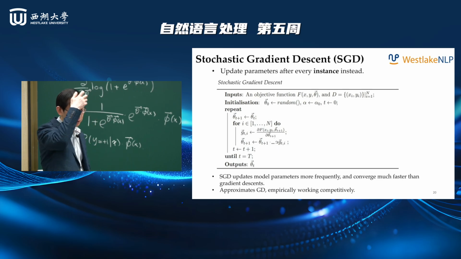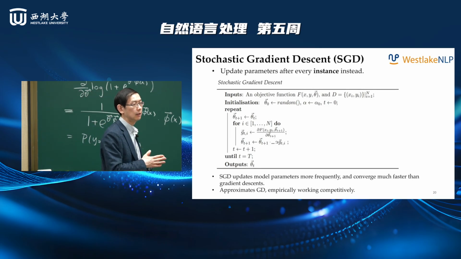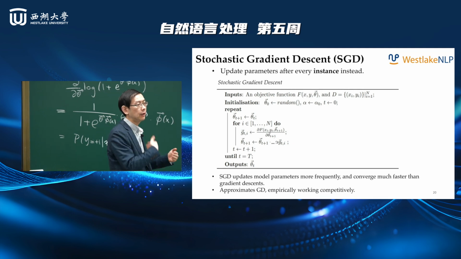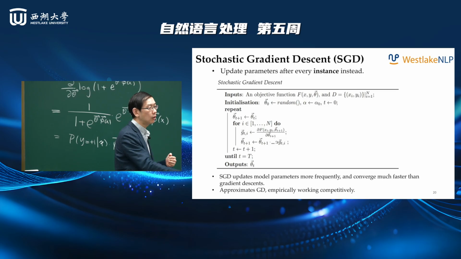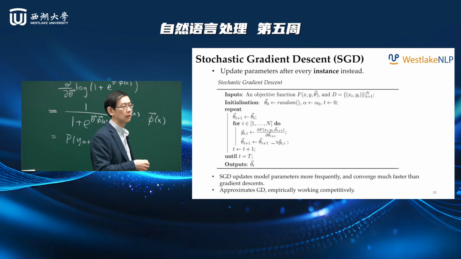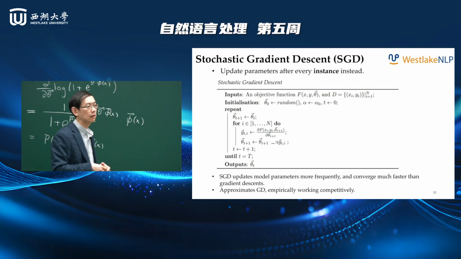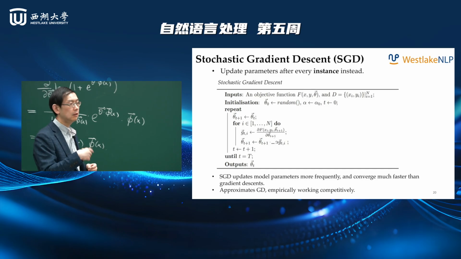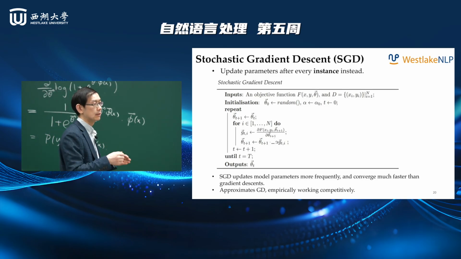So for every training instance, we know its probability, right? When all the log probabilities add together, it's the data likelihood. But for every instance, we have a local log probability according to the model, that's sigmoid theta dot phi. So we can take the local gradient over this training instance.